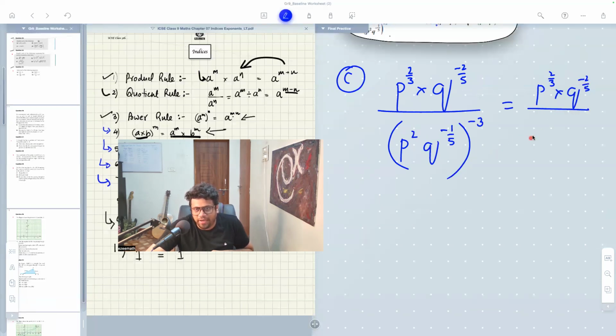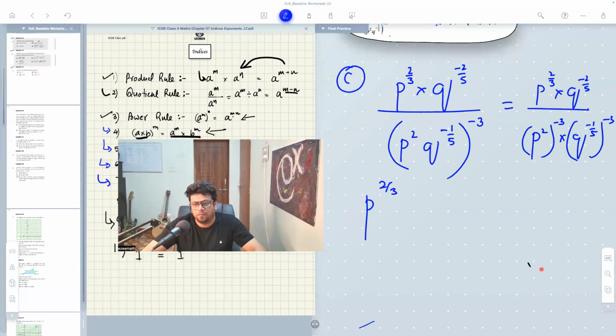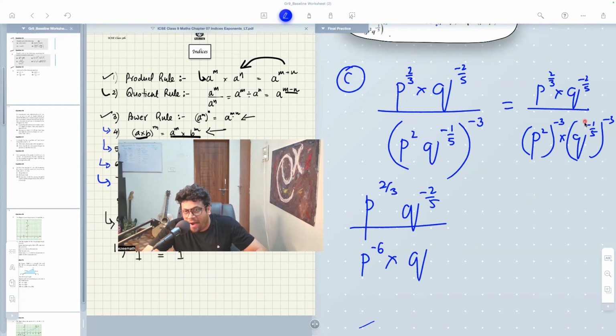But the denominator, I'm going to write like that first. Now you get p to the power of 2 by 3 q to the power of negative 2 by 5 divided by p to the power of negative 6 multiplied by q to the power of minus 1 by 5 into minus 3. That's a positive 3 by 5.